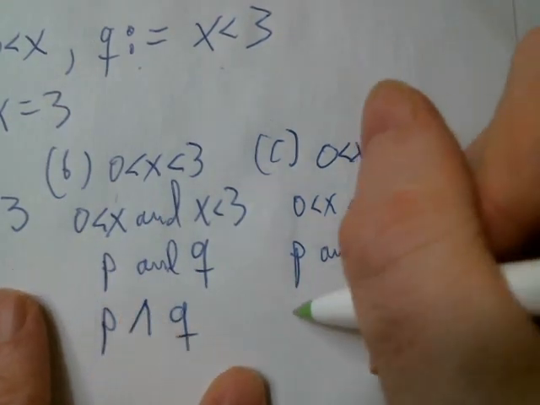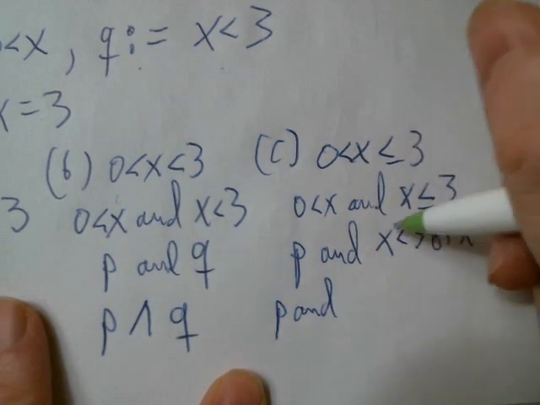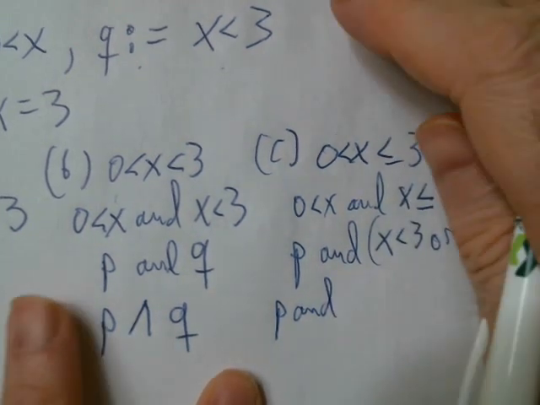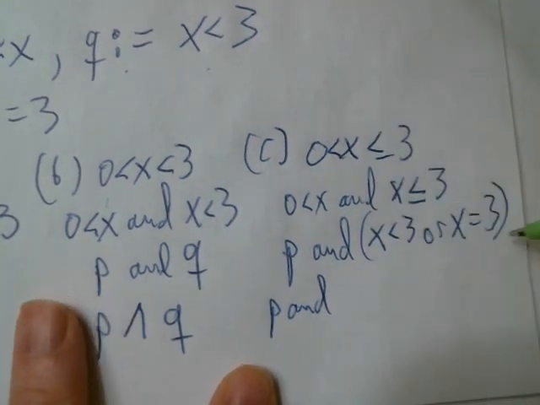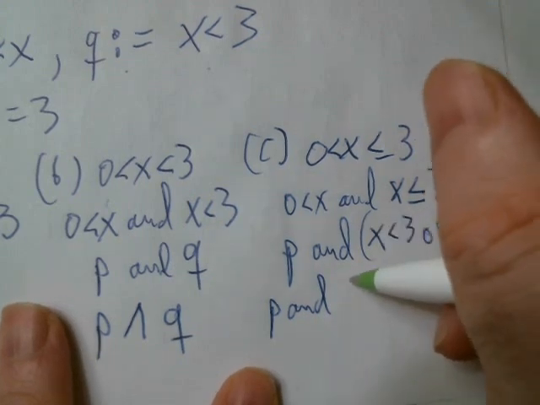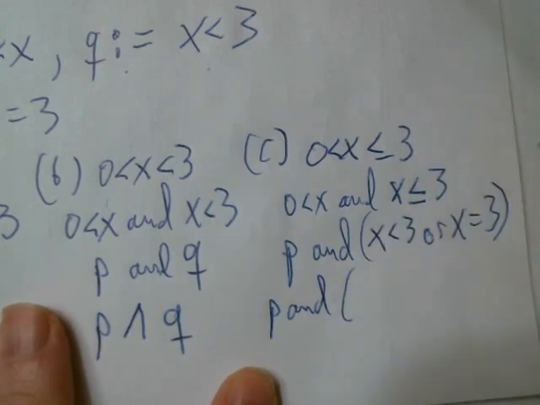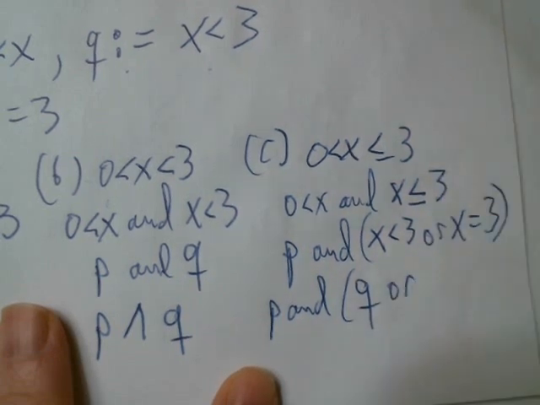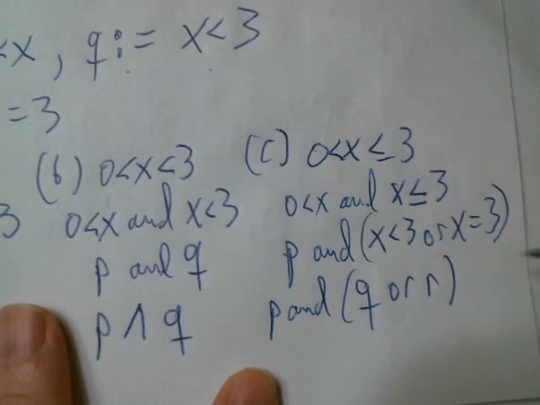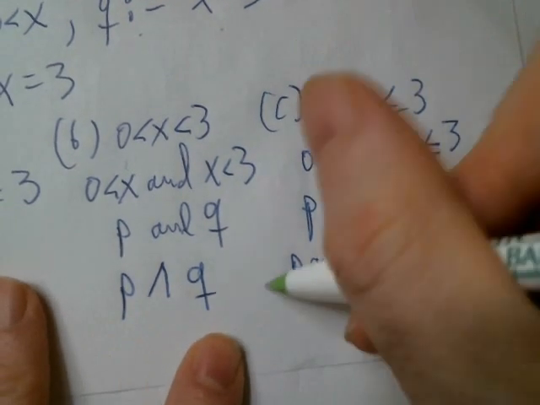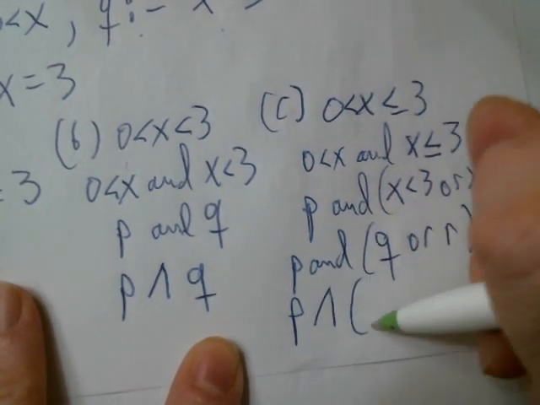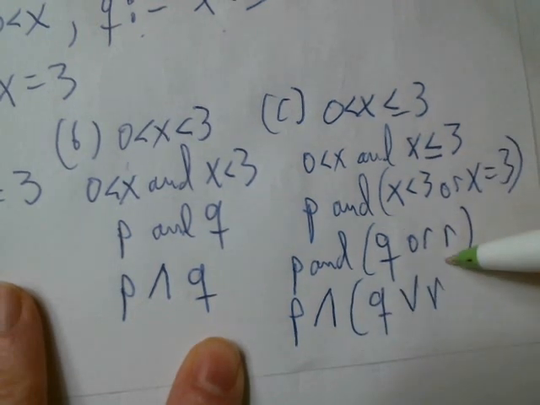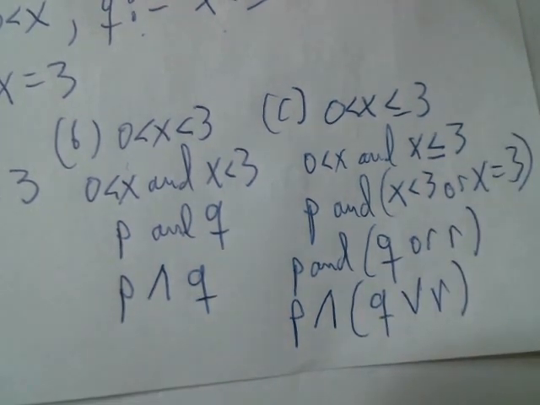And so we have p and we're going to put this in parentheses to indicate an order. These are grouped together. So x less than 3 is q, or x equals 3 is r. And then let's get rid of the ors and the ands. So this is p and (q or r). Okay. So the statement's getting a little more complicated.